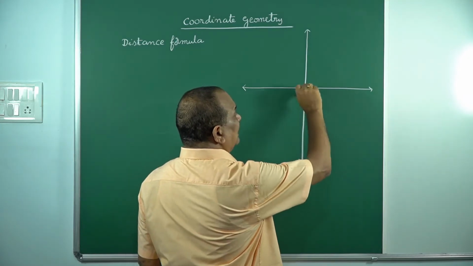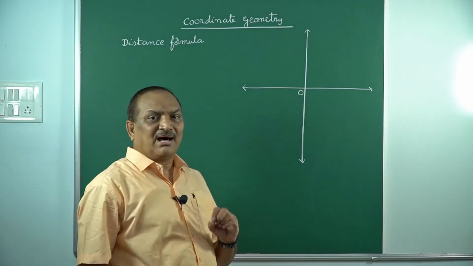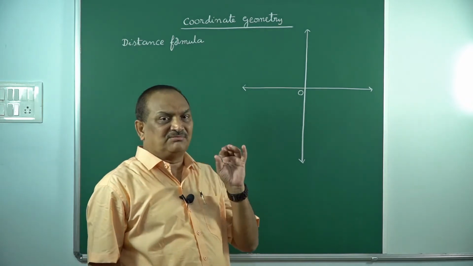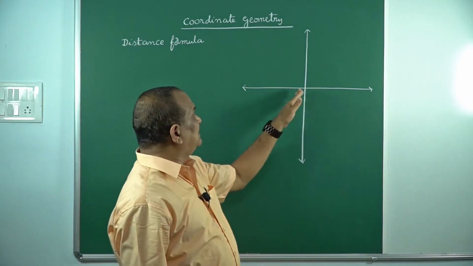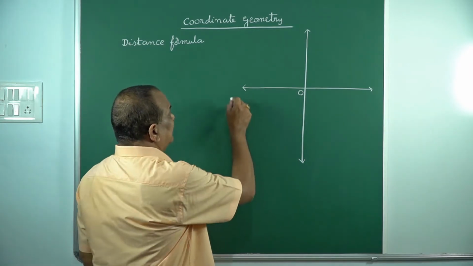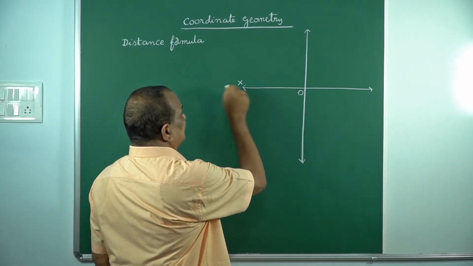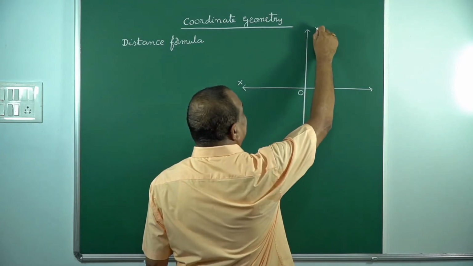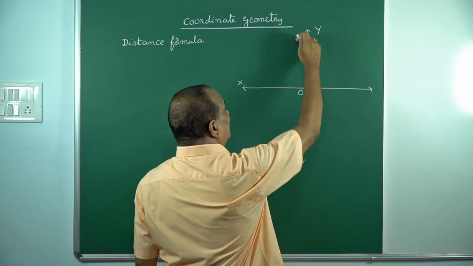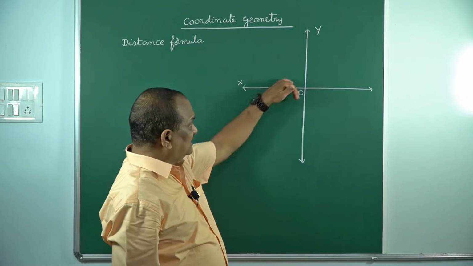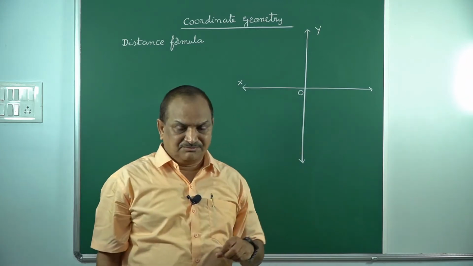As we move to the right side on the x-axis, we mark the points as positive, and this side it is negative. And this is the y-axis, and as you move above, the points are positive, and as you come down, the points are negative.